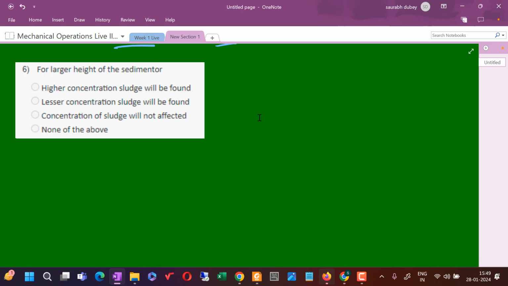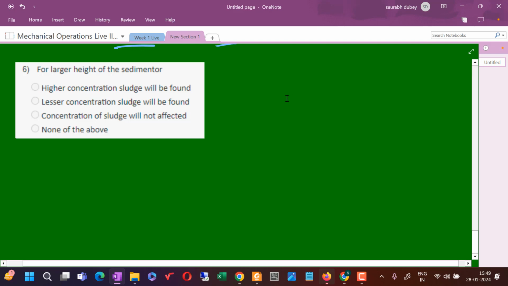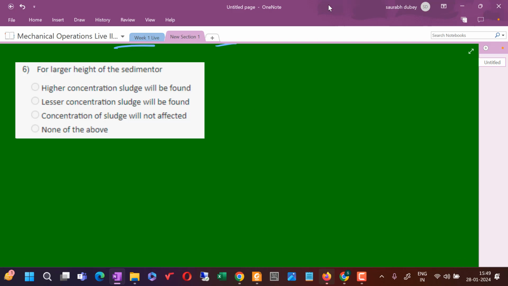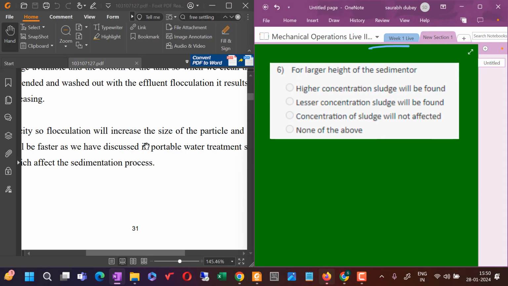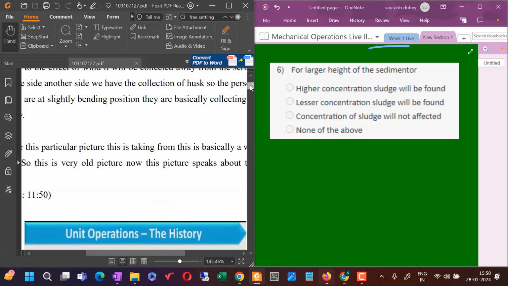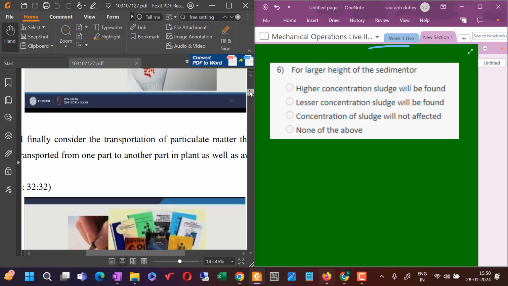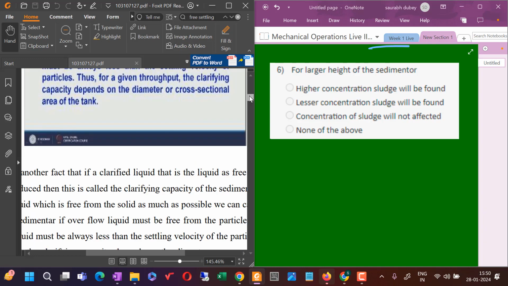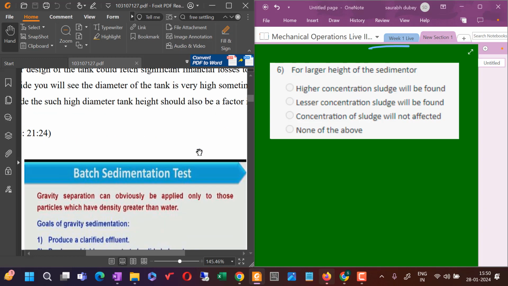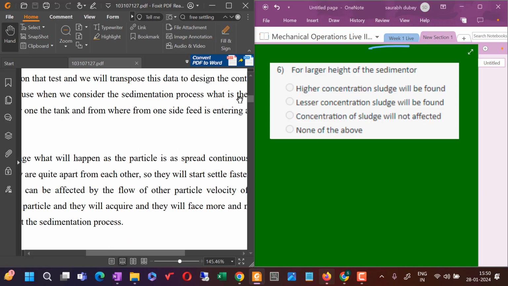First, higher concentration sludge will be found; second, lesser concentration sludge will be found; third, concentration of the sludge will not be affected; and fourth, none of the above. So anybody can explain what could be the correct option? Your sedimenter height is large, which is the same as what you were reading in the batch sedimentation process, and in that batch sedimentation process you came to know about this.